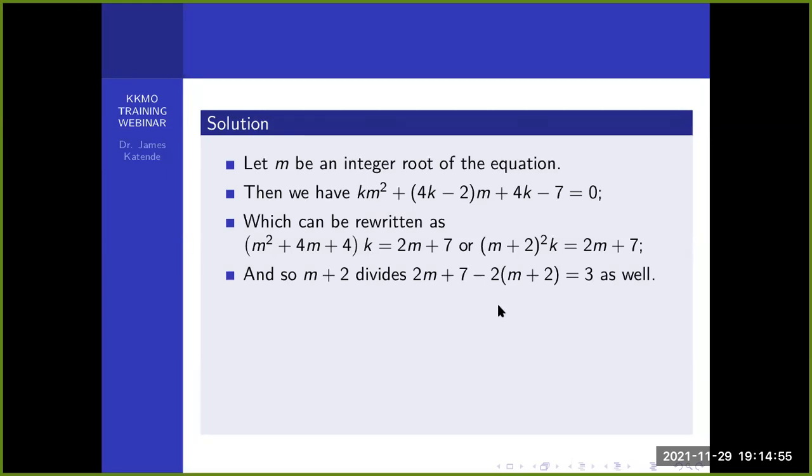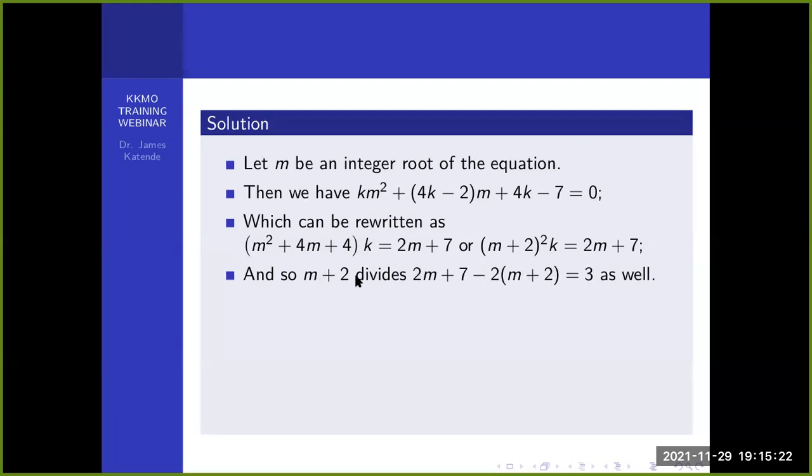What have I done wrong here? Oh yeah, this is fine. We just constructed a new number 3.